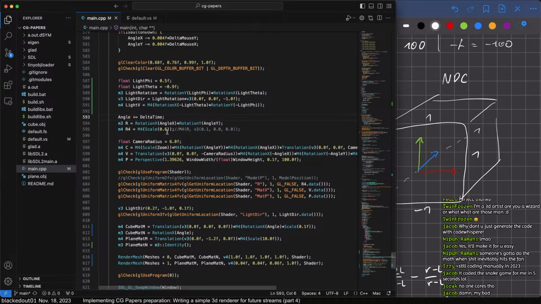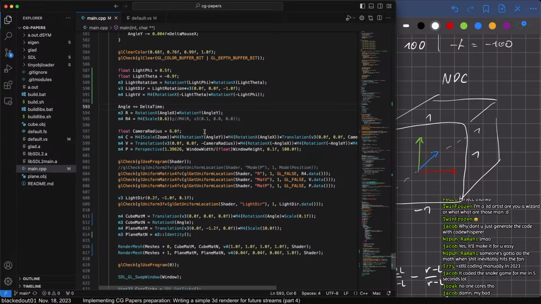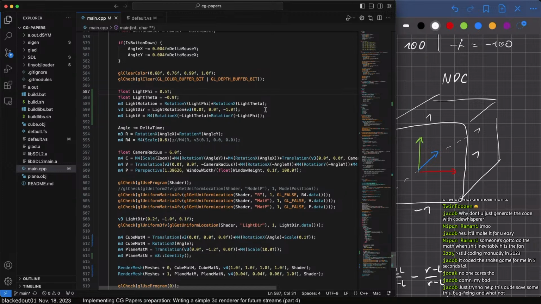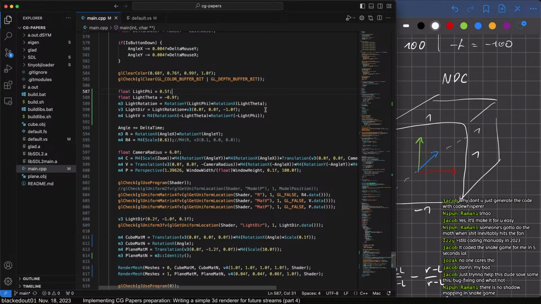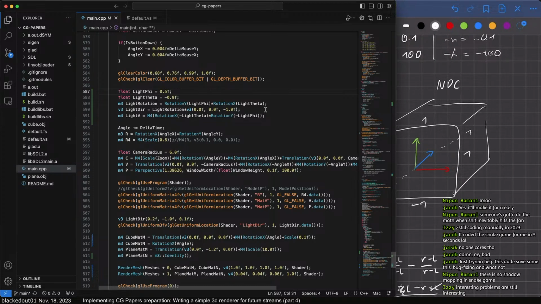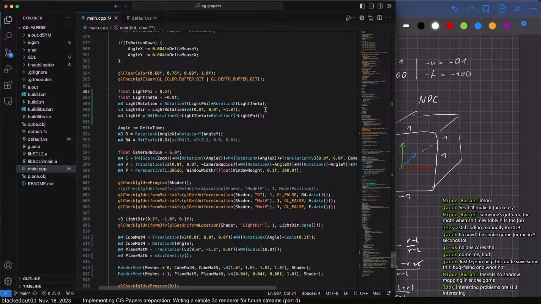I like to understand how the things work, so that's why I like to sometimes do them myself. Yes, there's no shadow mapping in the snake game. Okay.